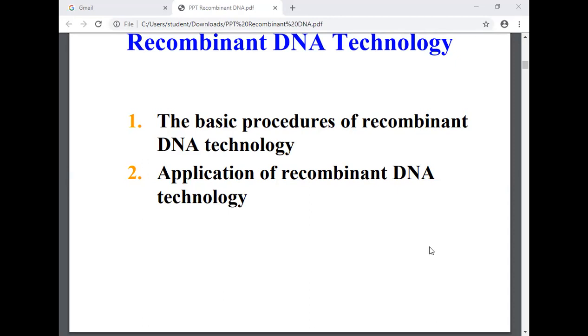So the first thing is to get a segment of DNA which is required, which will produce a type of protein required by us. And then what is the application of recombinant DNA technology? We will talk about it, and this is, I think, the very last component of your syllabus. We will talk about the application in detail.